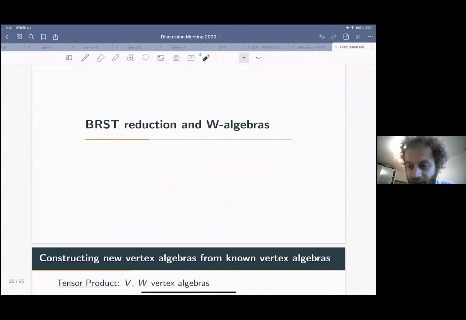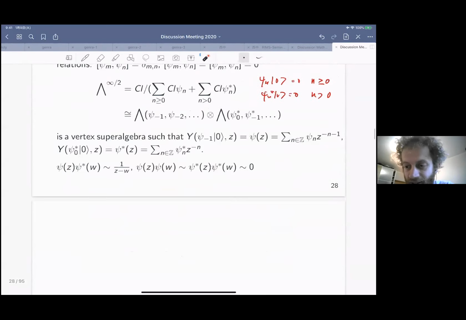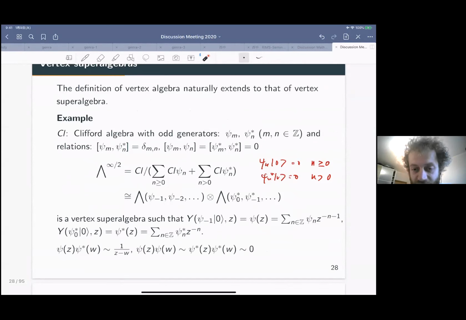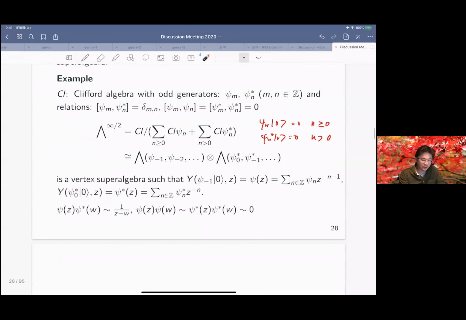I'm sorry, may I ask one question? Yeah. The question is about the superalgebras. When you define normal ordering for the superalgebras, is the definition the same as for the usual vertex algebras, or are some modifications needed? Some sign modifications are needed, I think.